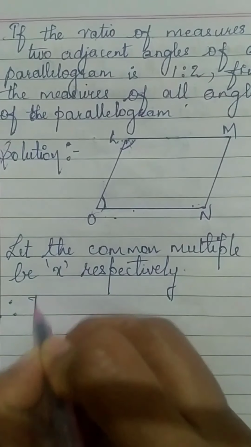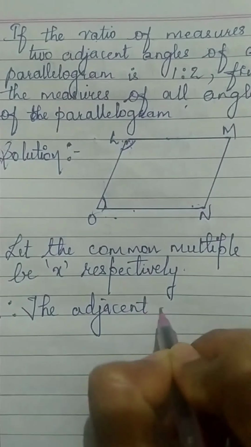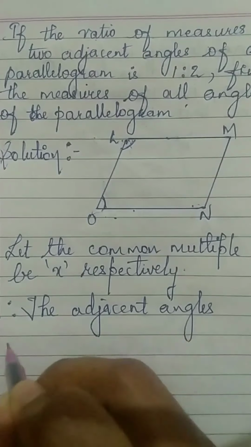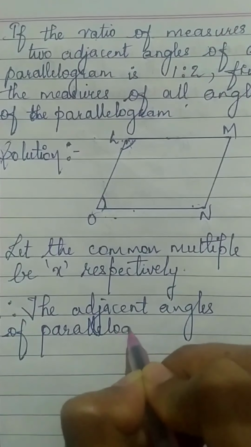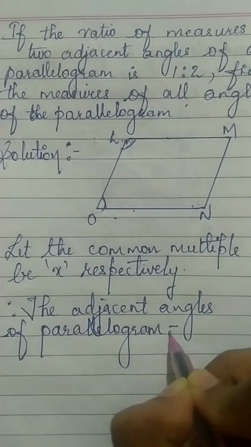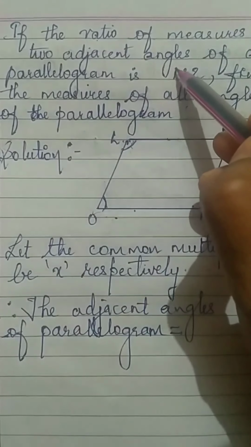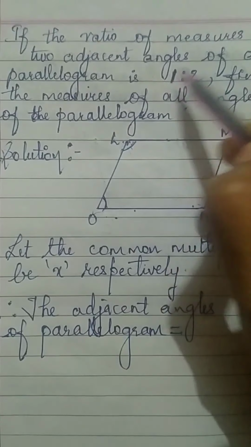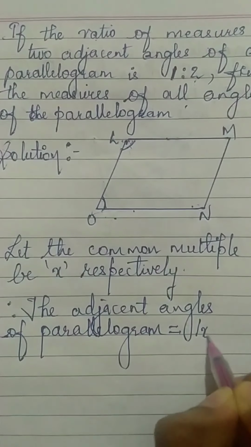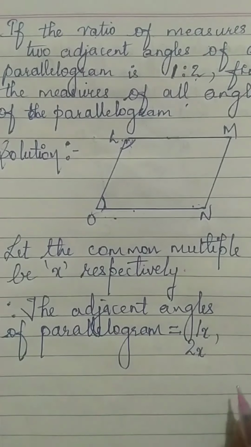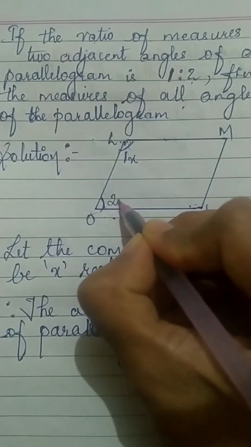So therefore the adjacent angles of the parallelogram, if the common multiple we are taking as x, then this angle will become 1x and this will become 2x. So adjacent angles will be 1x, 2x. Okay. Now I'll mention in the figure, 1x and let this be 2x.